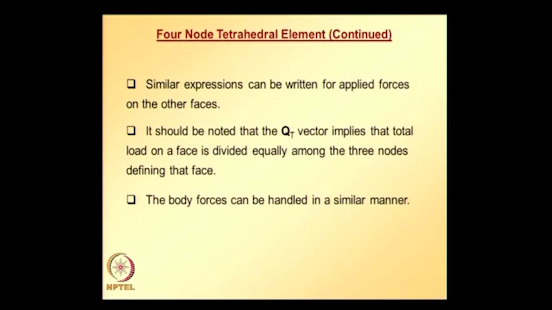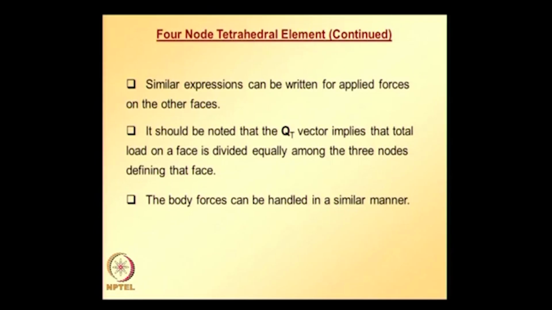Once we get the nodal displacements, we can calculate strains through strain displacement relations, and once we arrive at strains, we can calculate stresses through stress strain relation. The stresses that we are going to obtain are going to be in terms of x, y, z coordinates, that is sigma x, sigma y, sigma z.